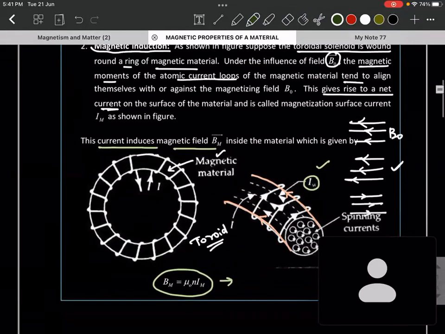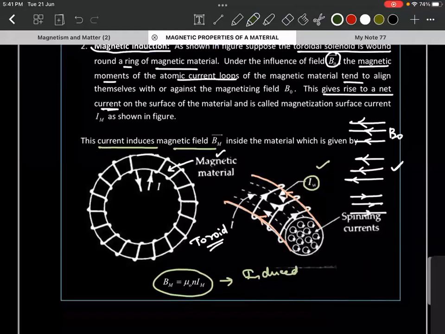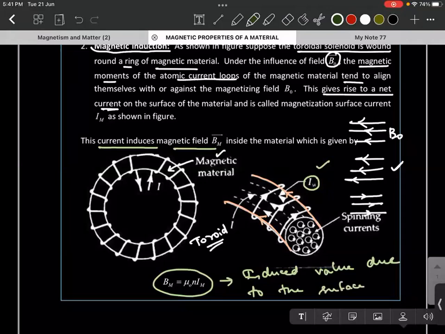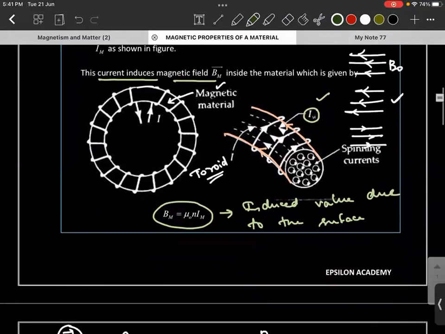This is the induced value, due to the surface magnetization current.